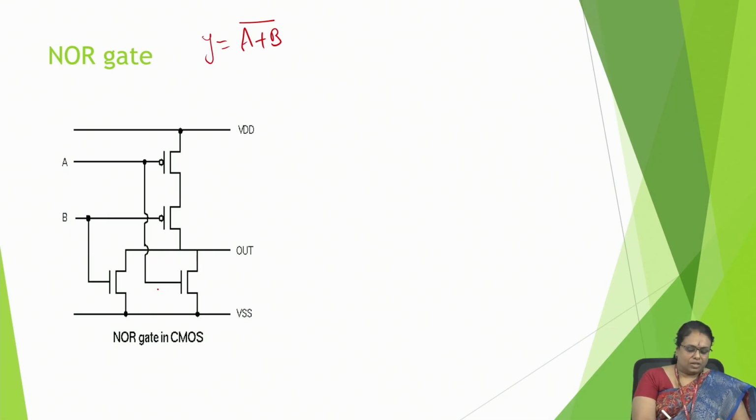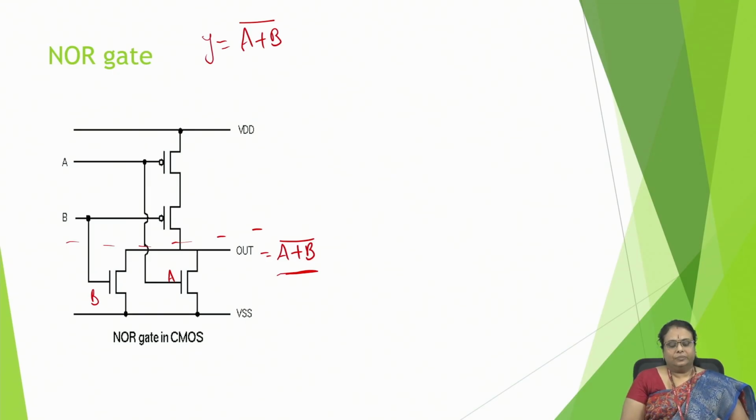That means this logic directly gives me the output, which is (A plus B) whole bar. How do we draw this NOR gate? If you look at A plus B, this is a representation of two transistors in parallel. So this is input A, this is input B. These two transistors are on the pull down side, which represents the logic.